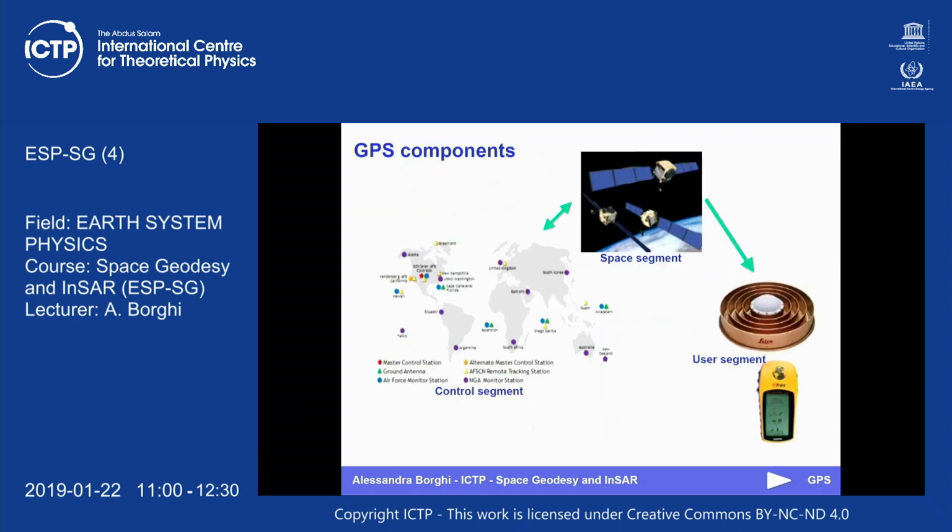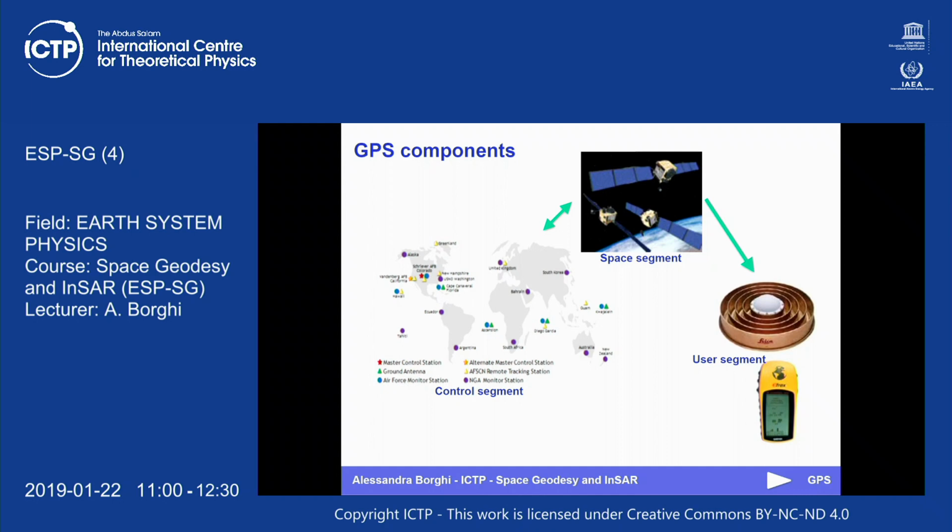The GPS components, this is a very classic approach to the GPS. The GPS is composed of a space segment, a control segment, and a user segment. The space segment are the satellites, the control segment are the special stations that control the system, and the user segment is us with some antenna.